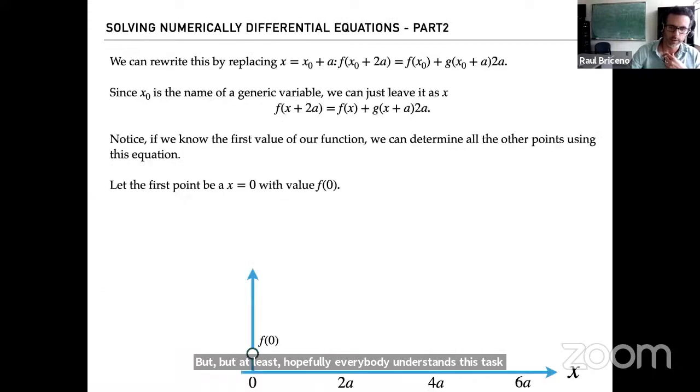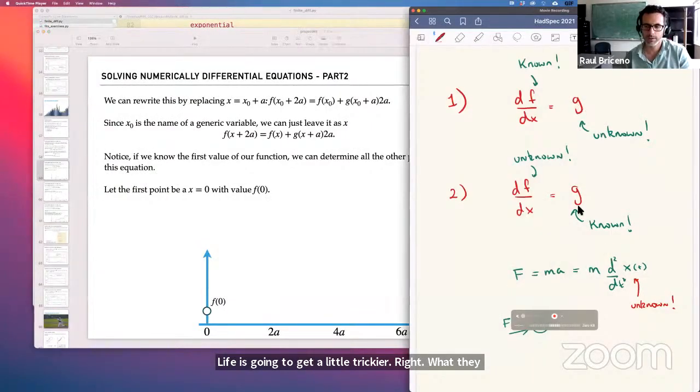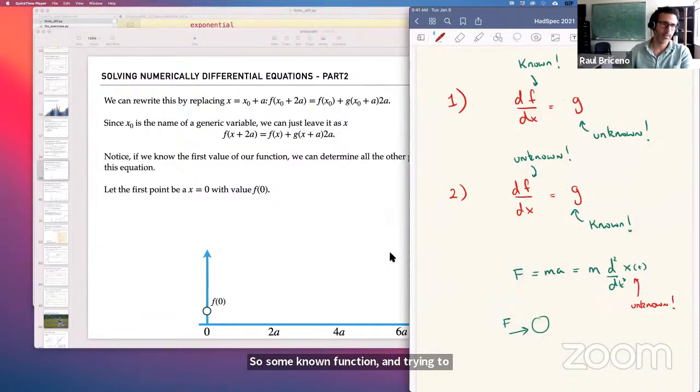So we're going to think about differential equations and give you a simple example first. Life is going to get a little trickier, right? But the idea is that you have some known function, and you're trying to solve for an unknown function whose derivative you know is related to the known function. All right.